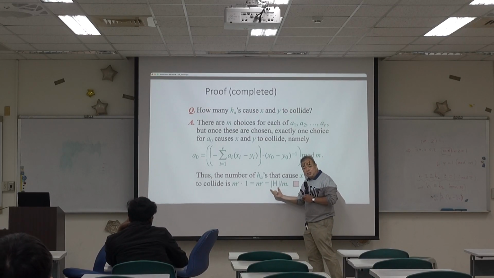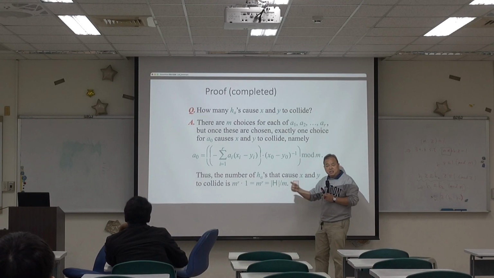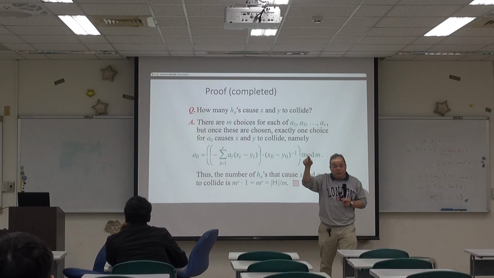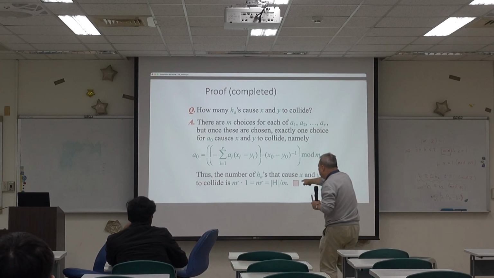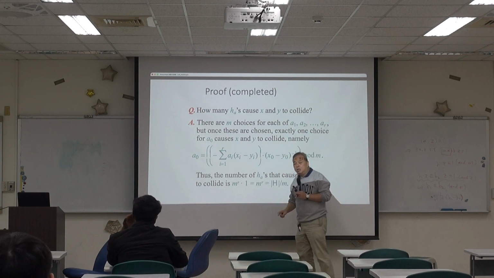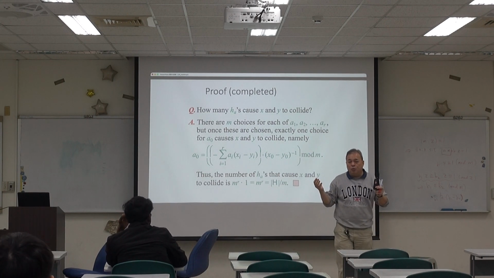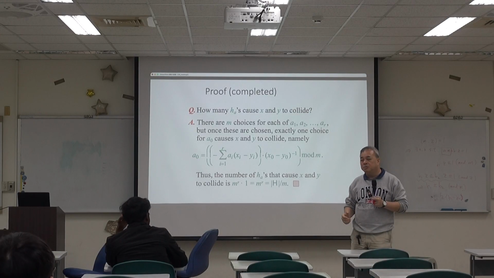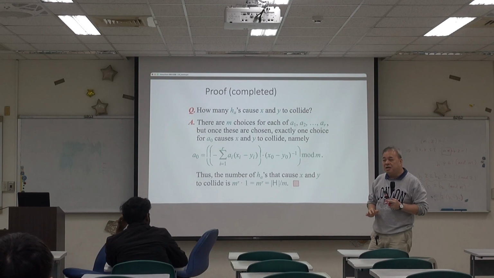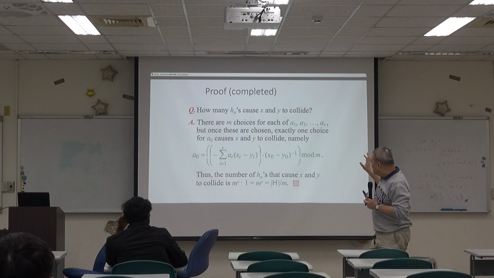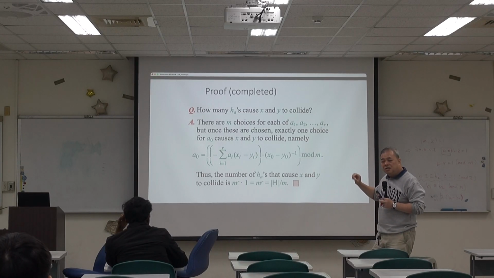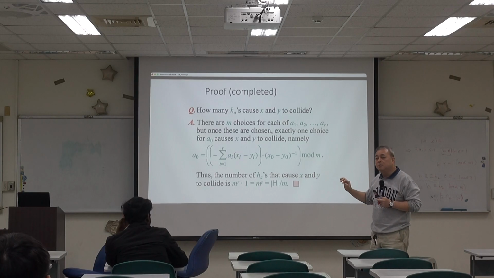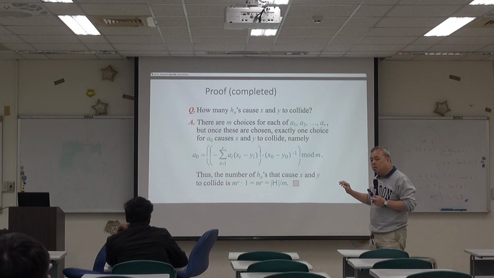What is the size of H? Remember? That's n to the power of R plus 1, divided by n is n to the power of R. So we have the proof: if we construct the set of hash functions this way, this set of hash functions is universal.